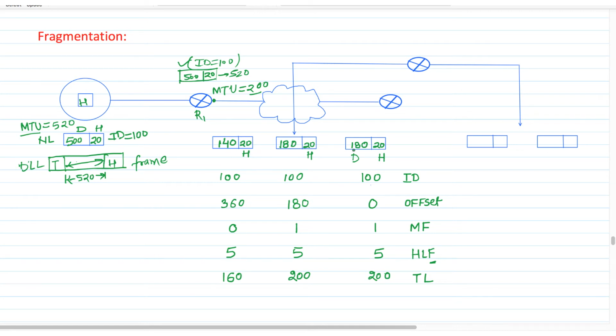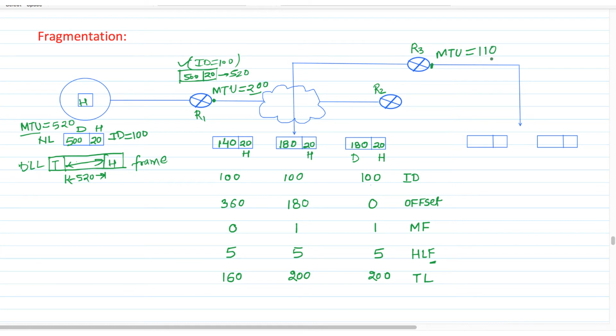These are the various fields we get after fragmentation. All 3 fragments can follow the same path, moving further from the same router, or it may be possible that 2 fragments follow one router and 1 fragment goes through another router. Suppose this second fragment is going through router R3, it's R2, and the MTU for this link is equal to 110 only.